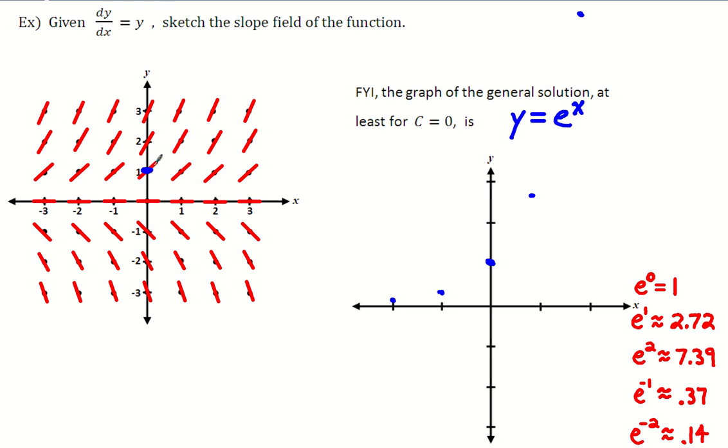So this red line segment at least fits this particular graph, but remember the slope field is containing all kinds of particular solutions with all kinds of different c values.